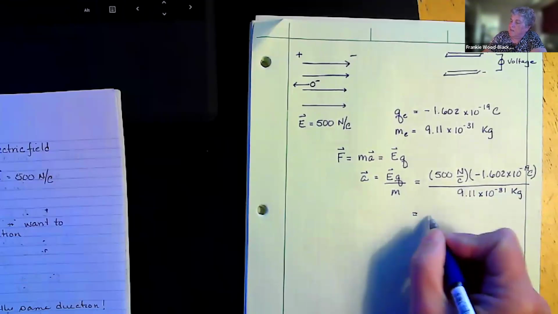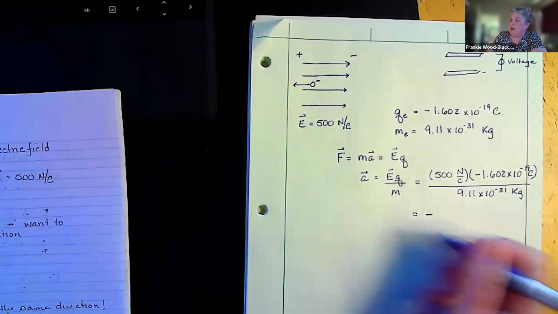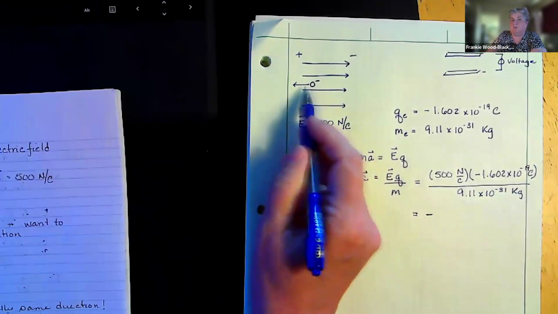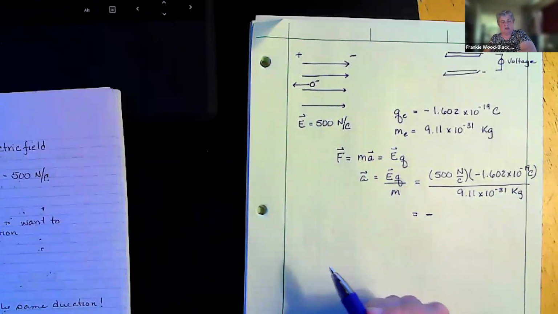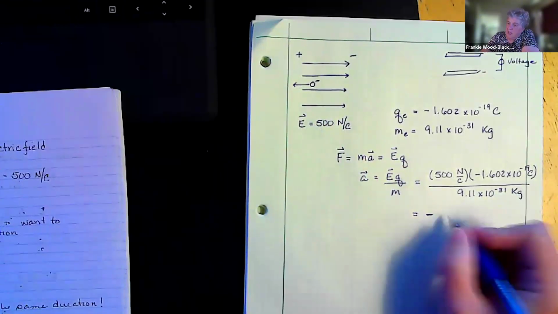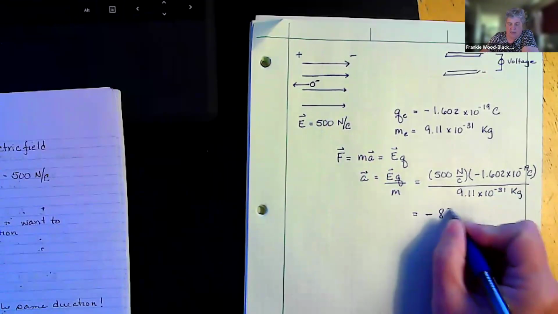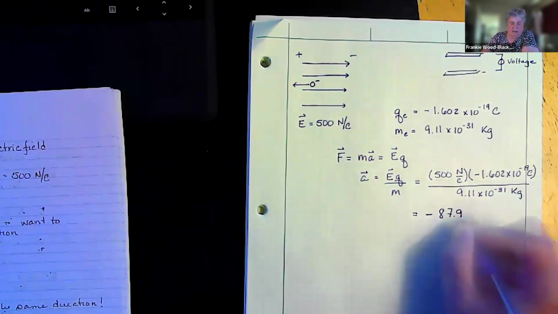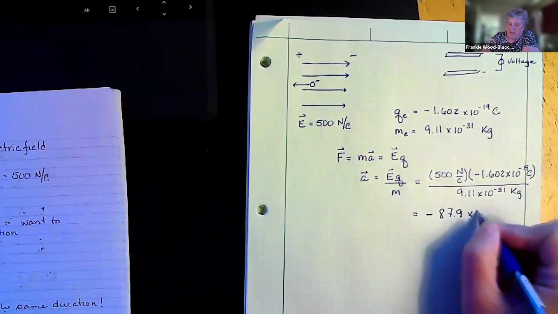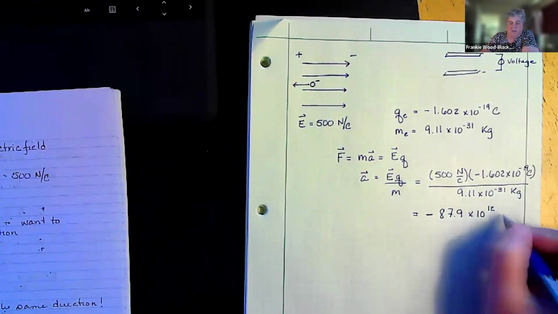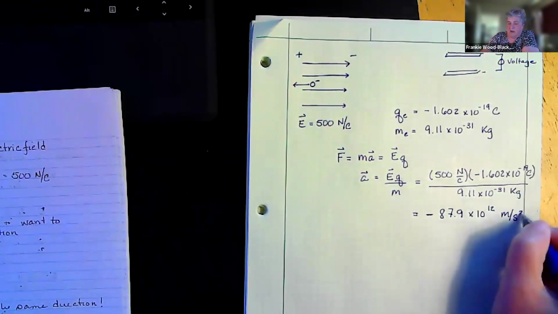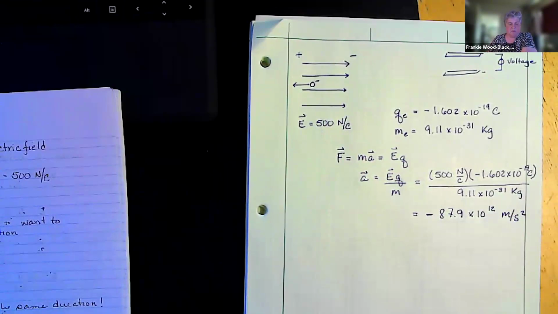We're going to get a negative, which is telling me the acceleration is moving it away, which is great. And if I plug in my numbers, I get 87.9 times 10 to the 12th meters per second squared, which is something that we saw before.